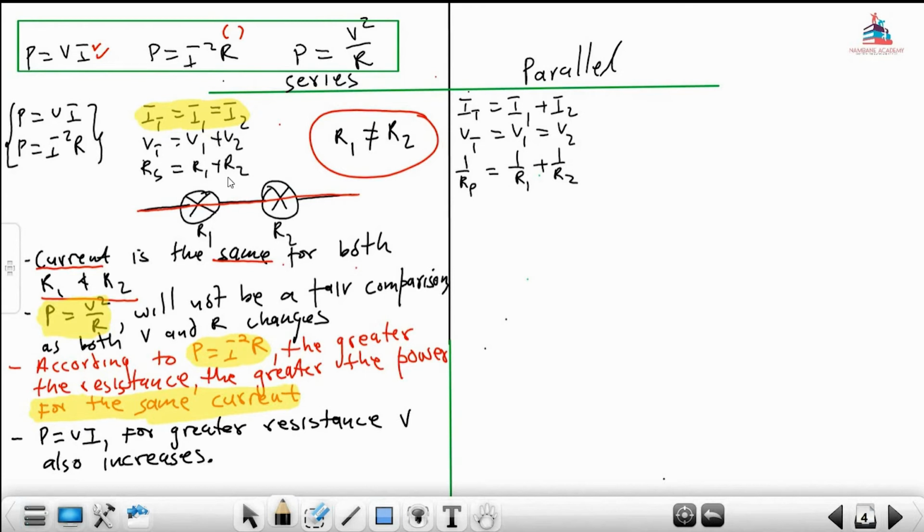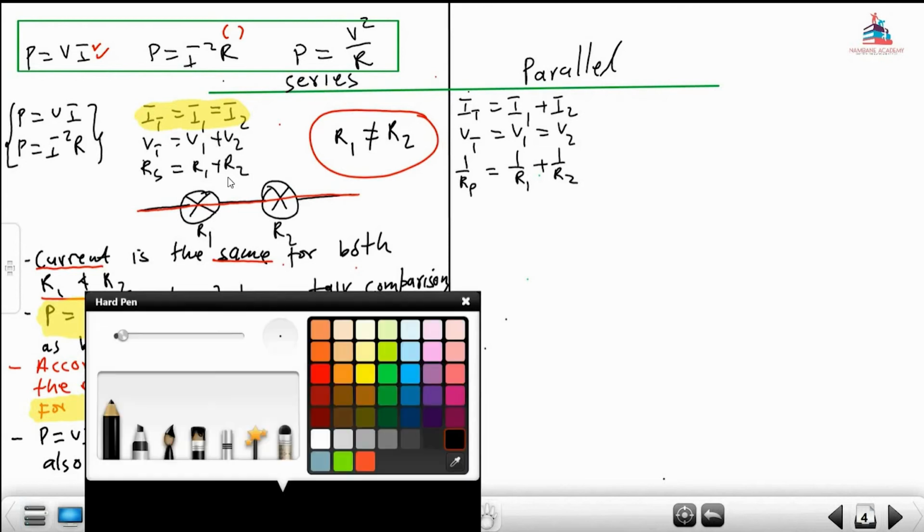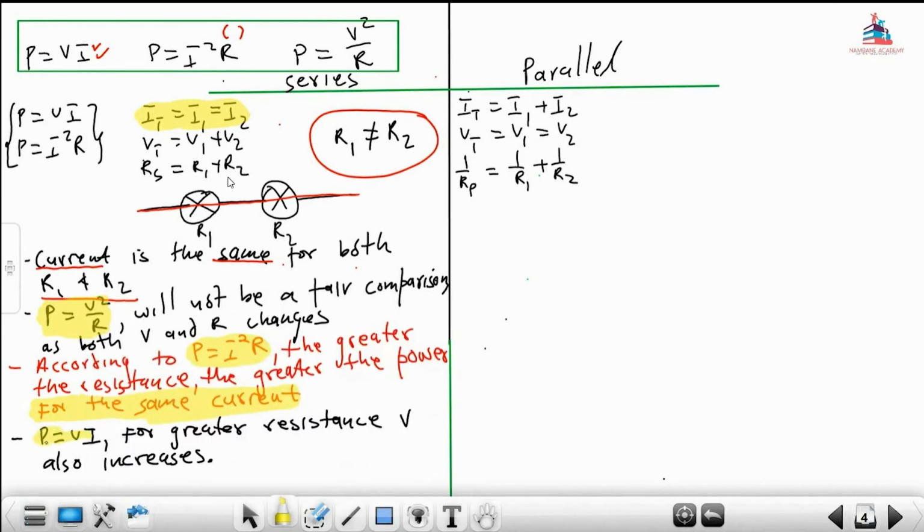So for the fact that I is the same and V is increasing with R, because V and R are directly proportional to one another, it basically says we are going to have an increased power. So we need also to explain this in terms of these two equations.